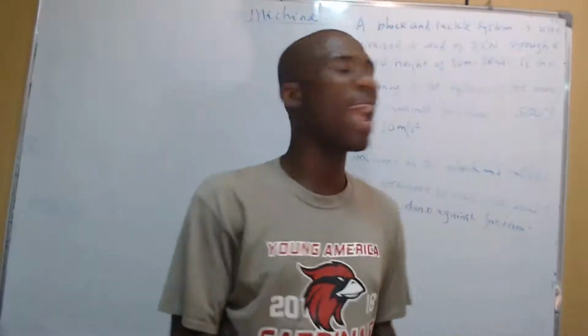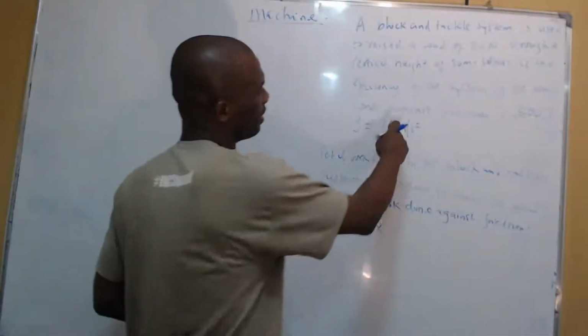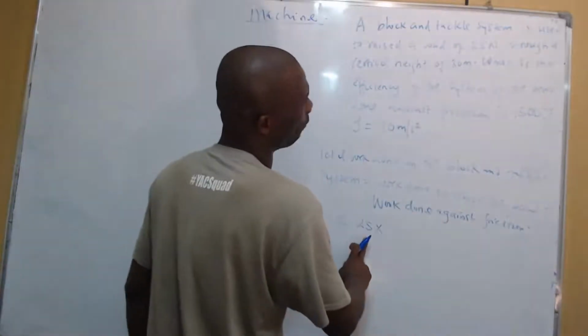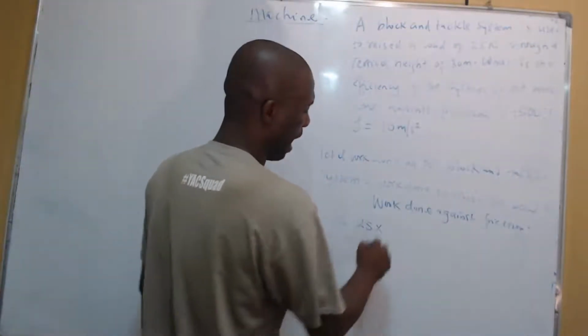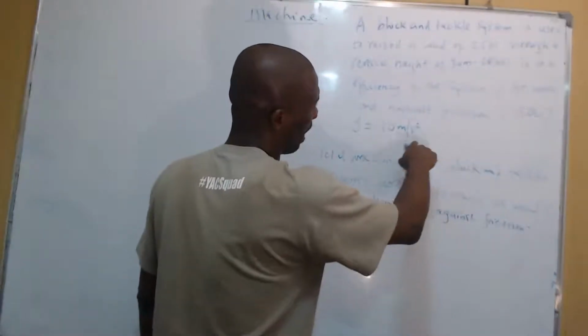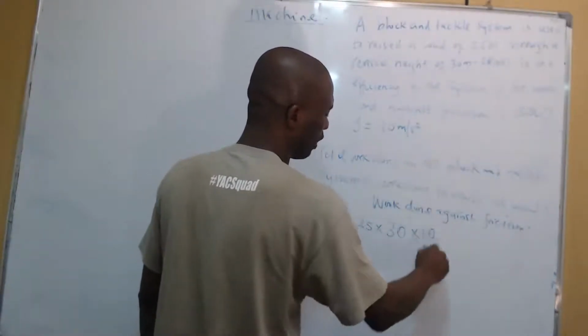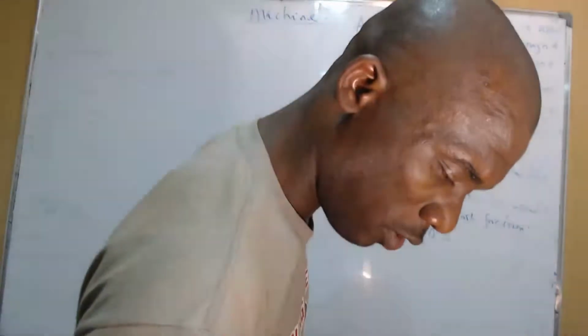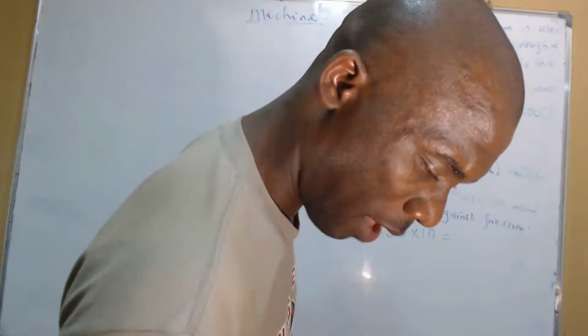That is why we have this 10 meters per second squared. So we multiply 25, which is the load, by the distance, by the influence of gravity, the Earth's gravitational force, which is equal to 300 times 25.